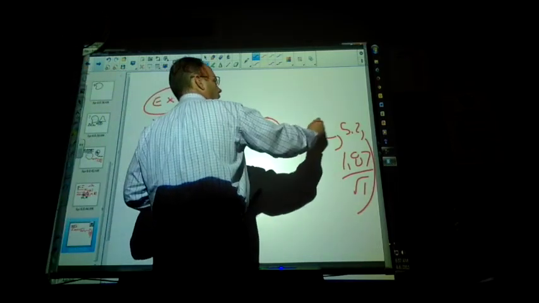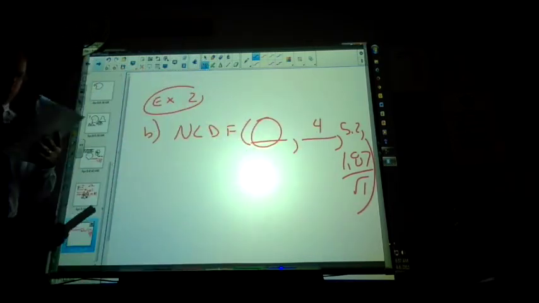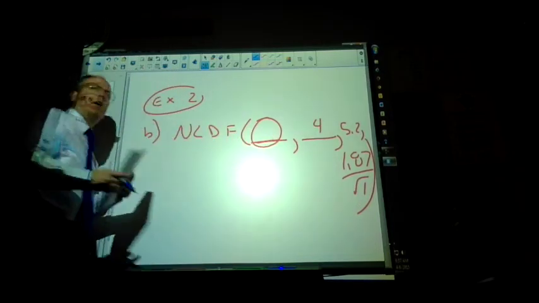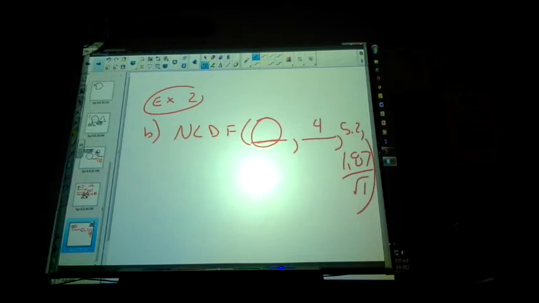So this is the important one. I'm putting 4 here. Okay? What value should go here, and could I have a negative value?